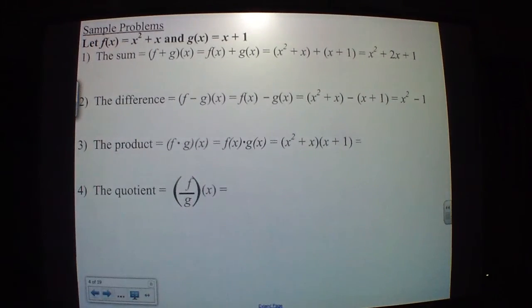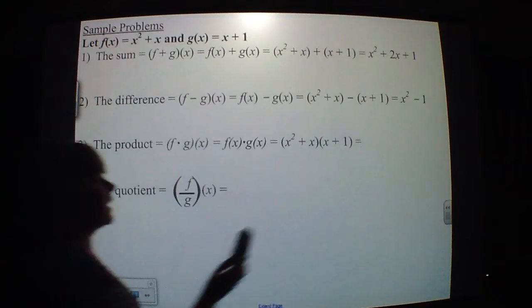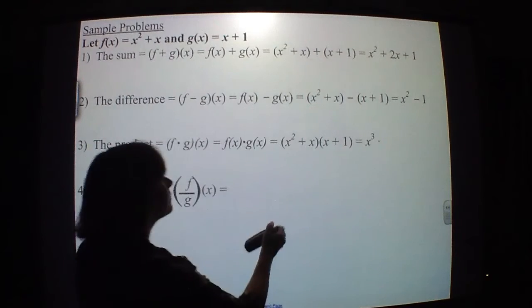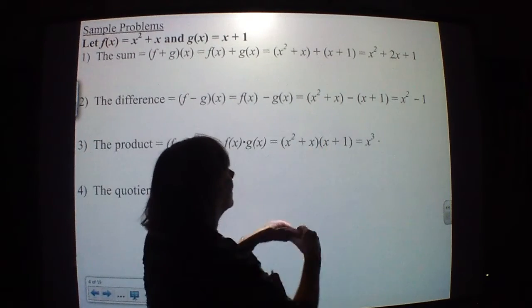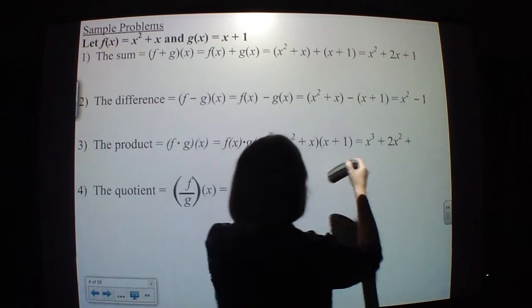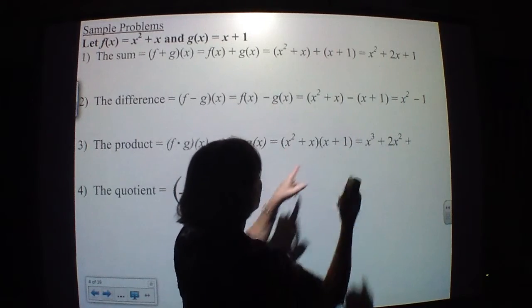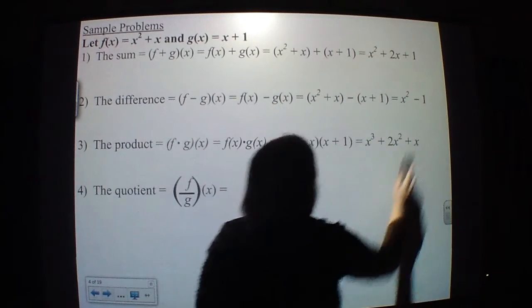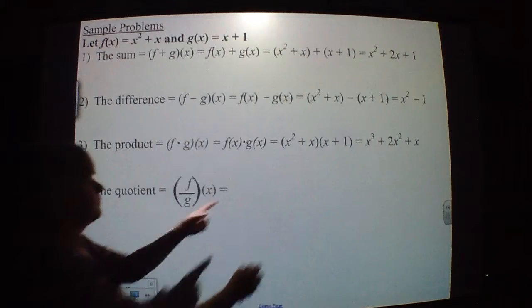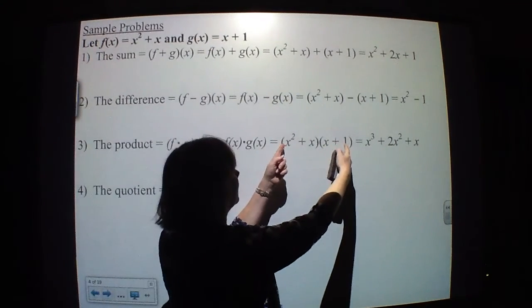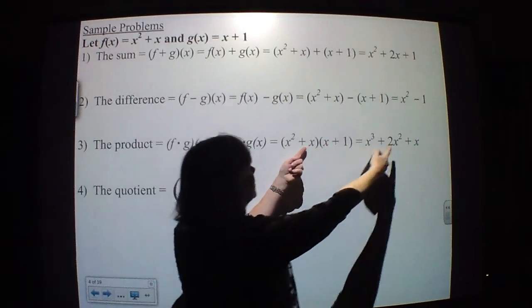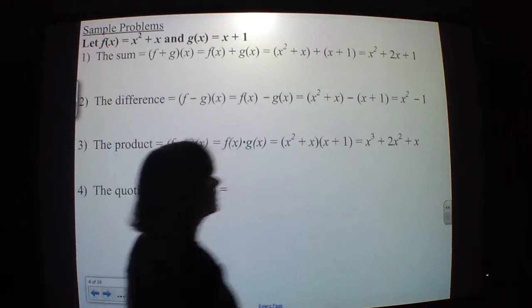First outer inner last, to multiply it, you end up with x cubed, x squared, another x squared is 2x squared, plus x.